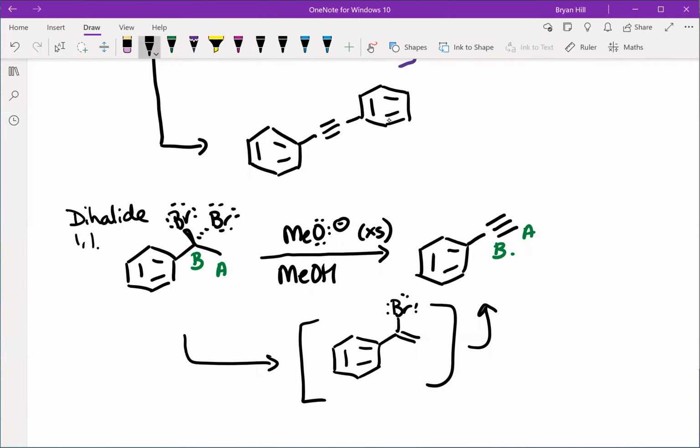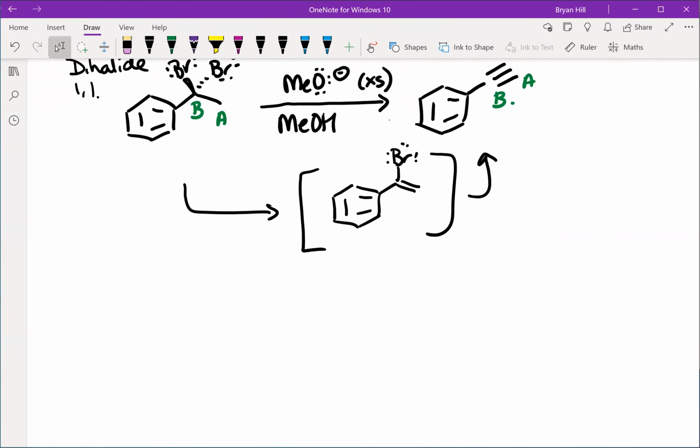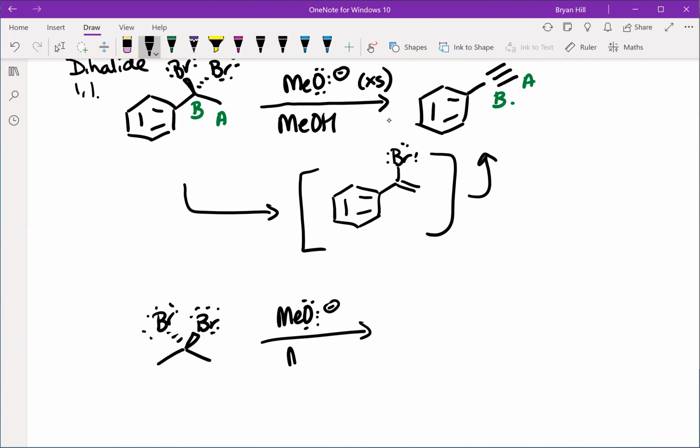If you've got a situation like this, and you use excess methoxide, you would form this compound.